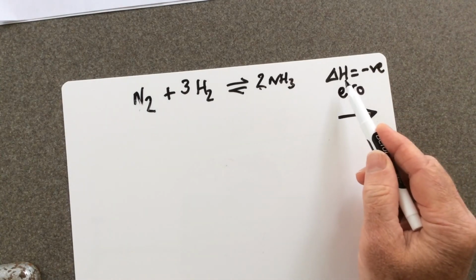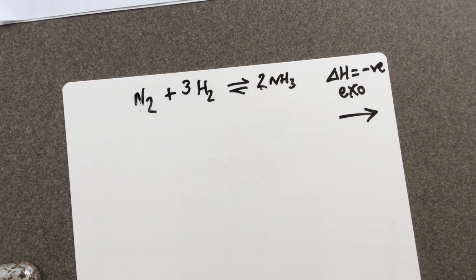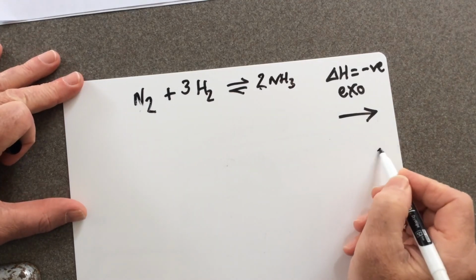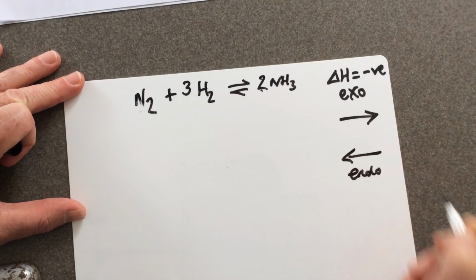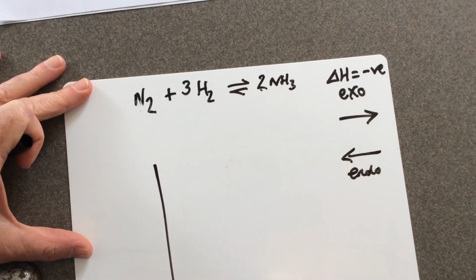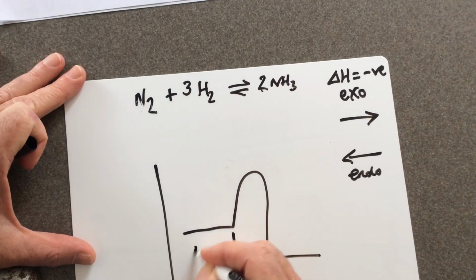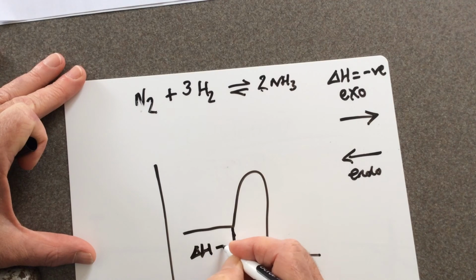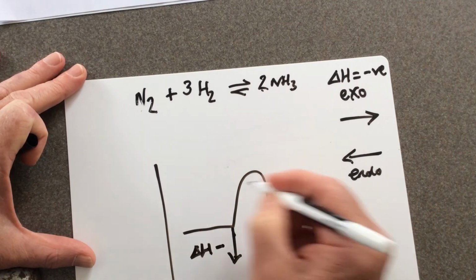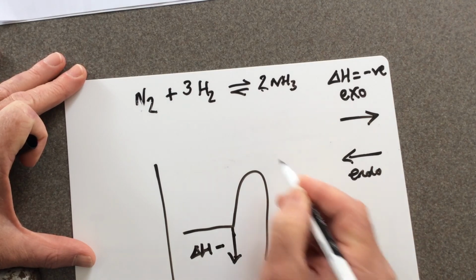When you see this sign next to a reaction telling you it's negative, that's talking about the forward reaction. So in this case, the forward reaction is exothermic. That means the reverse reaction is the opposite, endothermic. Well, that obviously makes sense when you think about it. An exothermic reaction, delta H is negative. The reverse reaction, delta H would have to be positive if I was going in that direction.